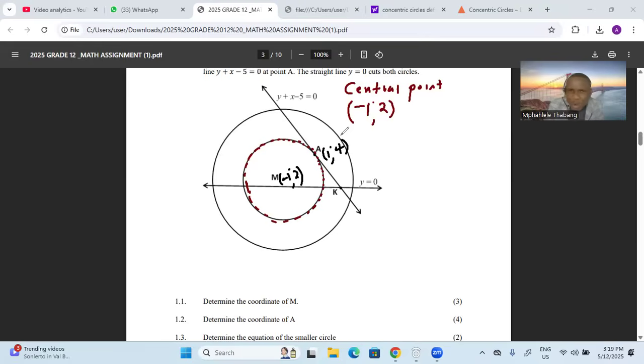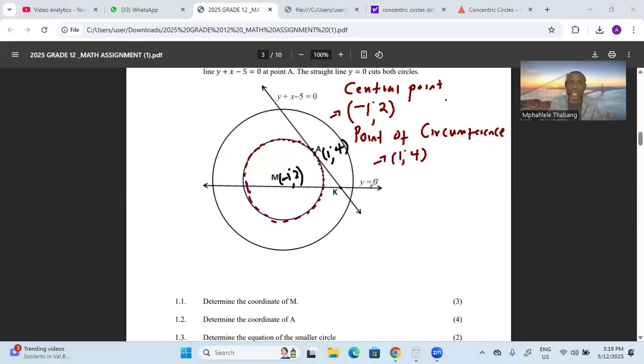So I do have a point on the circumference. It's 1 and 4. Point of circumference, which is 1 and 4. So with these two, I can be able to find the equation of a small circle.